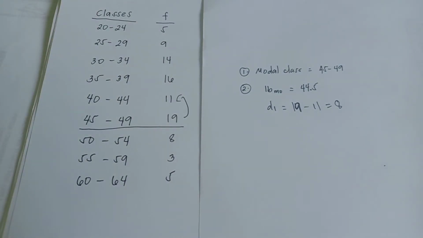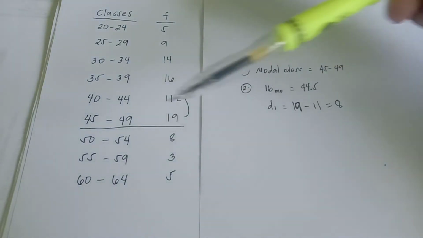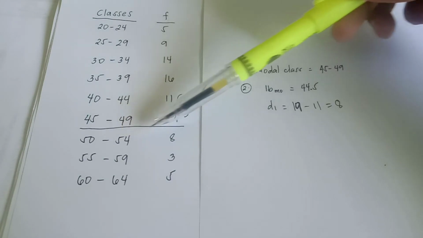Sunod, d sub 2. So, alam na natin ang pagkuha ng d sub 2 is the difference between the frequency of the modal class and the frequency of the class higher than the modal class. So, ito yung higher class natin, ito yung frequency niya.